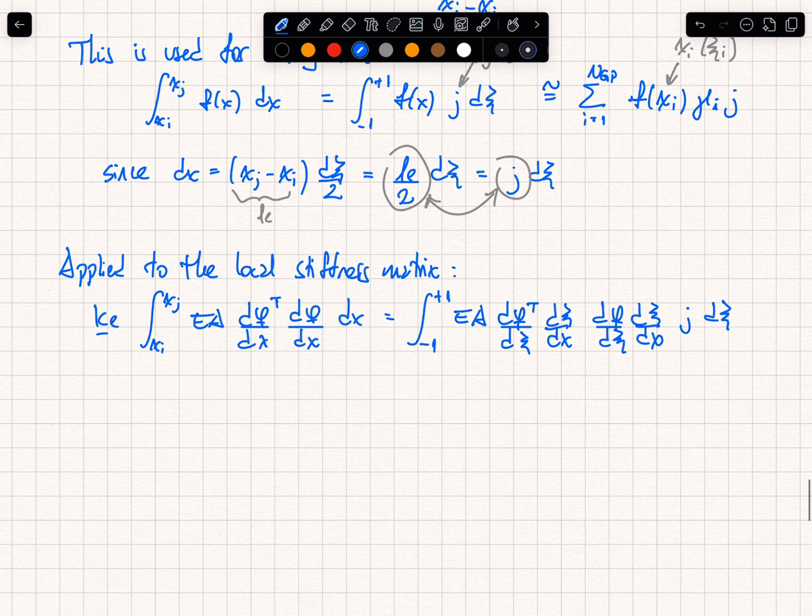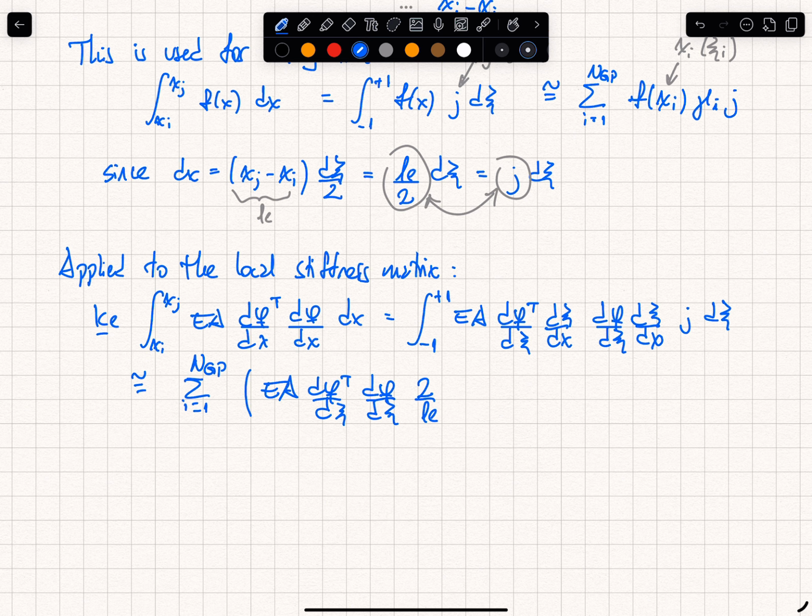And so this whole thing, let's say now that we evaluate this expression at fixed locations that we call quadrature points, is going to be equal to a sum i equals 1 to the number of Gauss points of this whole expression: d phi transpose dxc, d phi dxc, and then I have 2 divided by the length of the element.